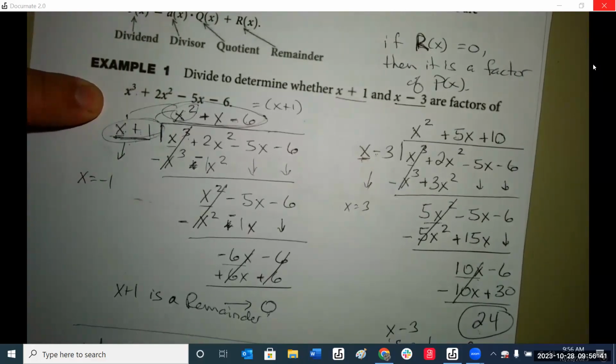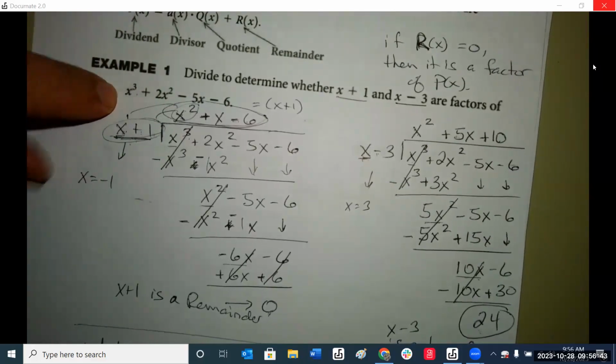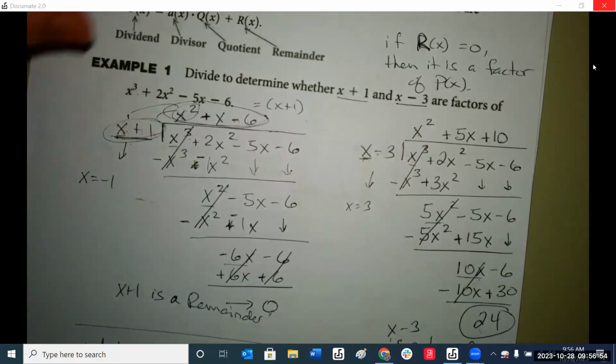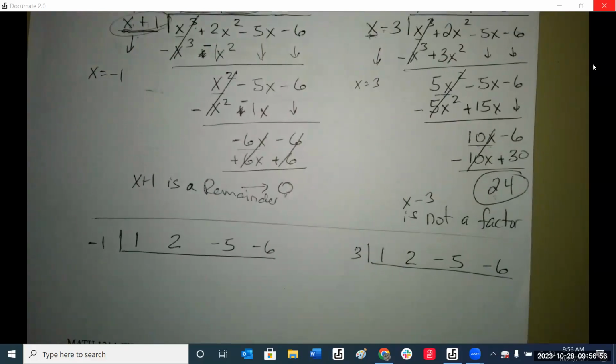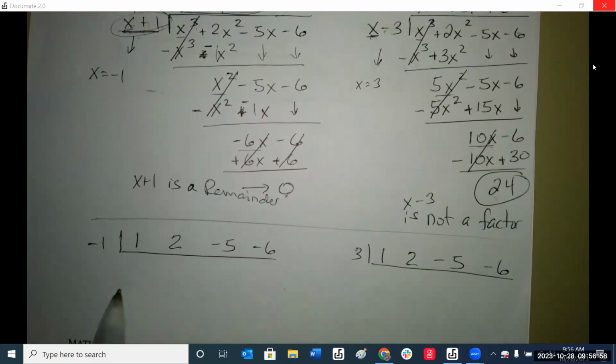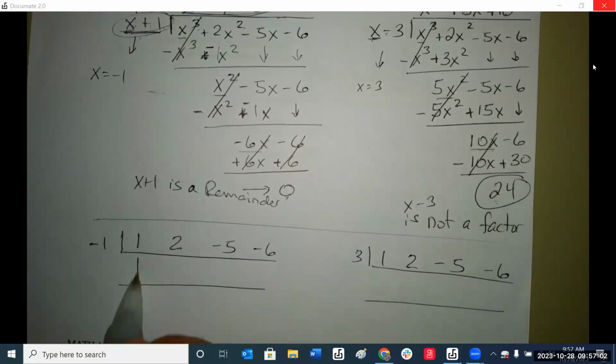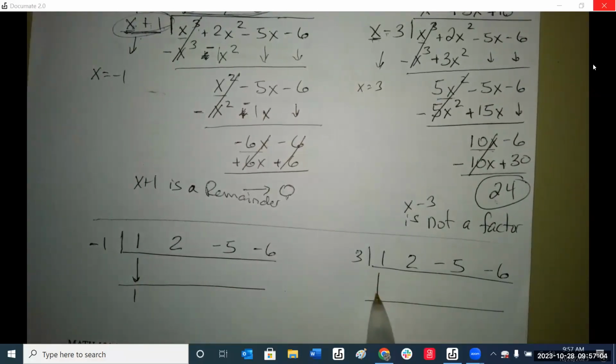So we have the coefficients 1, 2, negative 5, negative 6. Bring down the first term.